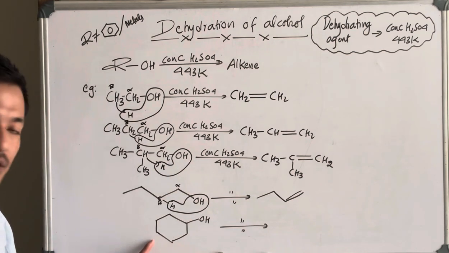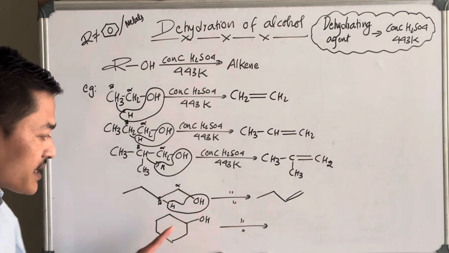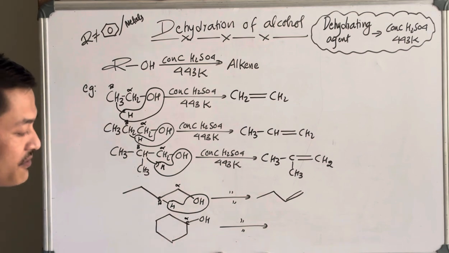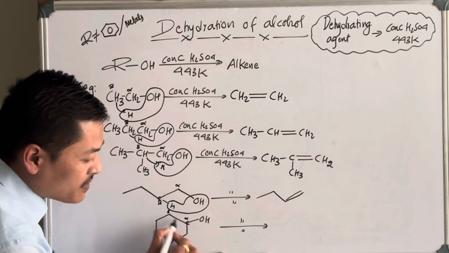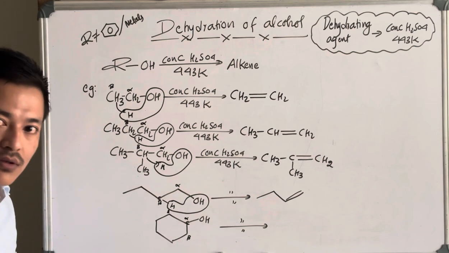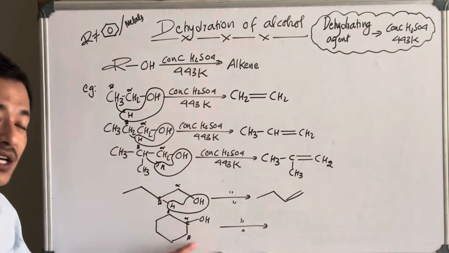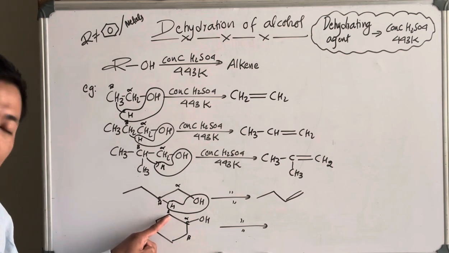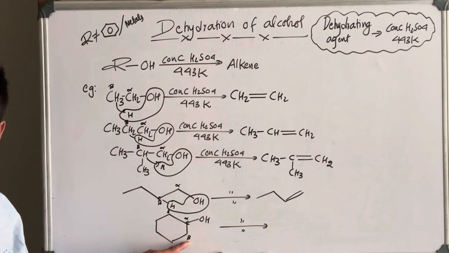In a similar way, over here OH is attached to this carbon, the alpha carbon. This is your alpha carbon, and these are your beta carbons. Since both beta carbons are in the same environment, you can use hydrogen from either one to obtain the product.